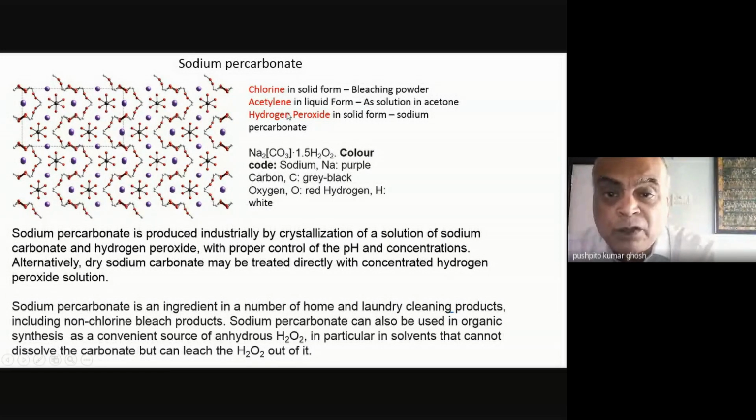Or hydrogen peroxide, a liquid, forms a beautiful solid with sodium carbonate. You will find in industrial chemistry, there will be certain themes which will run across many technologies. And what you should try to pick out are those common themes. That's what will be very useful to you in the future.